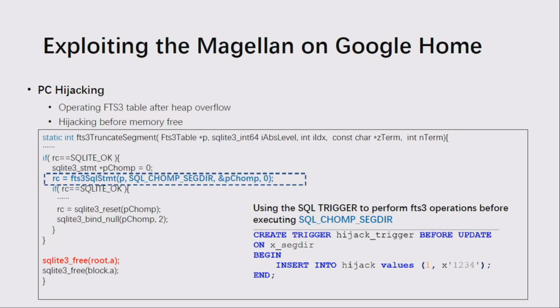By analyzing the logic of memory copy to free, we found an interesting function which performs a SQL update operation before releasing the memory, as shown in the blue tag code. Finally, we use the SQL trigger to perform the FTS3 table insert operation before the SQL update operation and free memory. Thus, triggering the xopen callback function so that the PC can be hijacked.